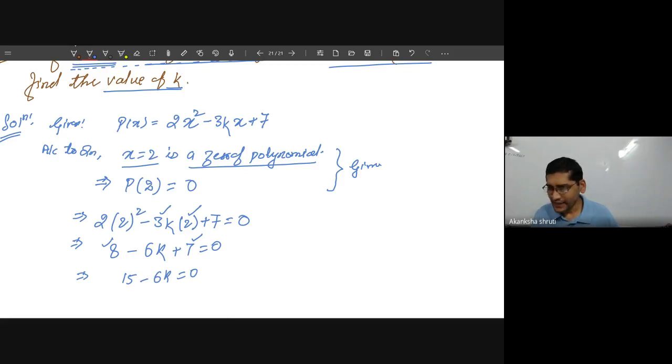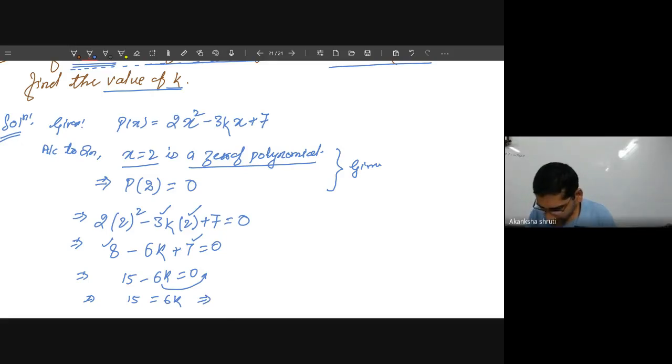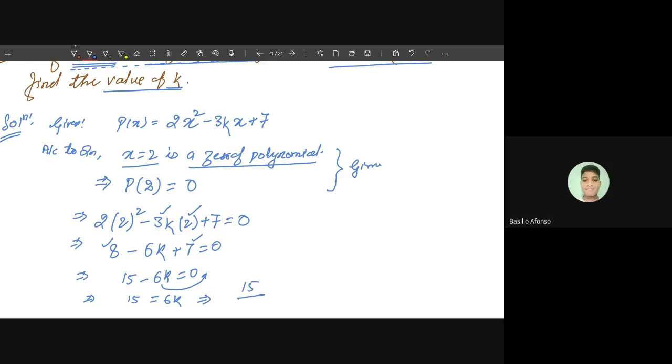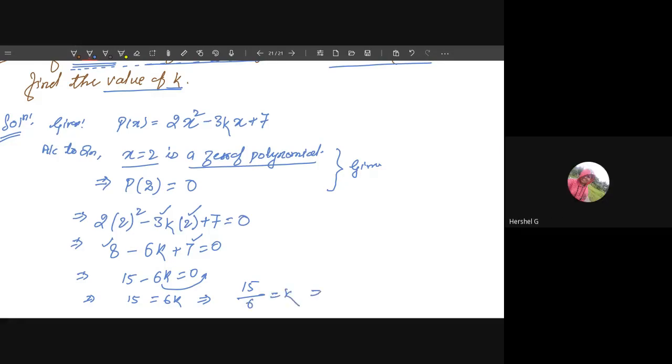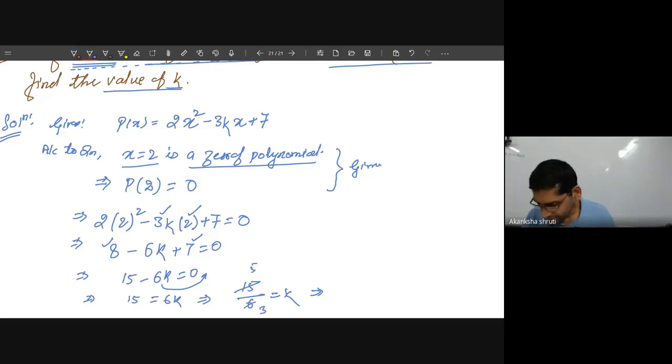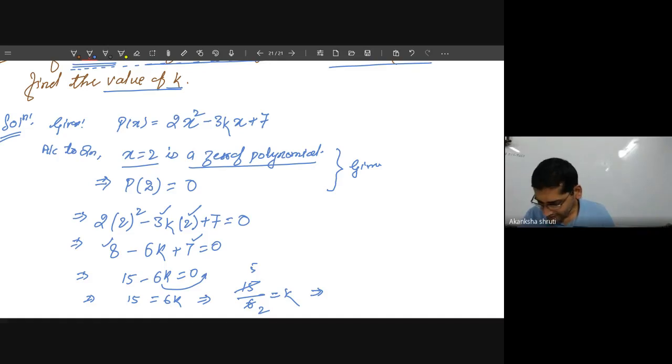For calculating the unknown k, you have to bring the 15 to the other side. So to calculate this k, you have to divide 15 by 6, bringing it in the denominator. It becomes 15 by 6, which is equal to 5 by 2, by cancelling the common factor 3.